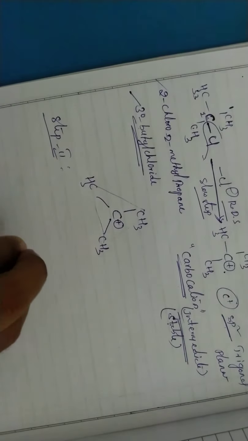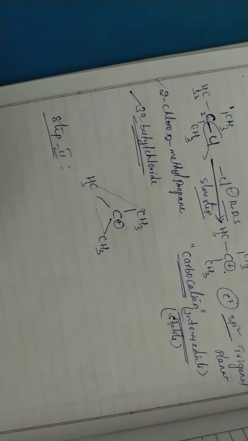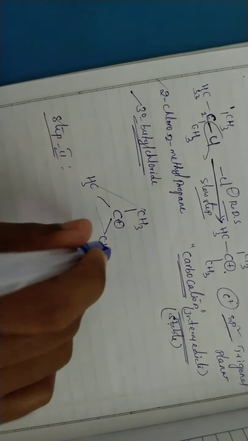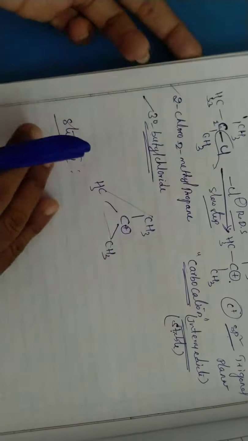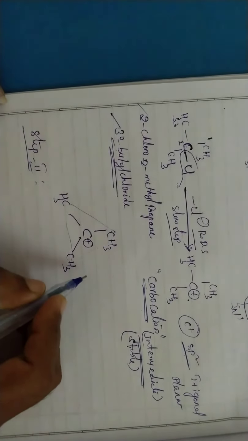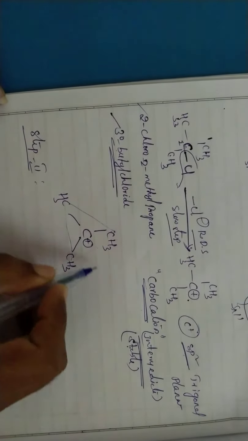For a planar substance there is a front side, and a back side also with some space. That means the new incoming nucleophile can attack from the front side, or it can also attack from the back side.